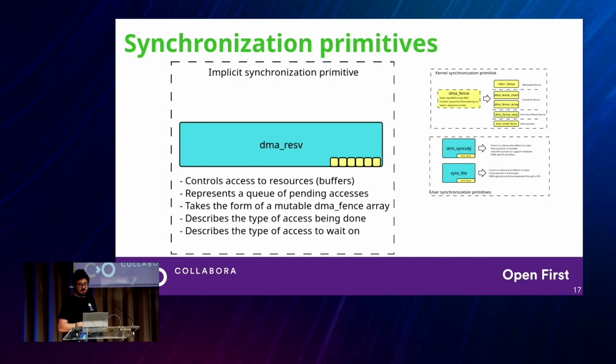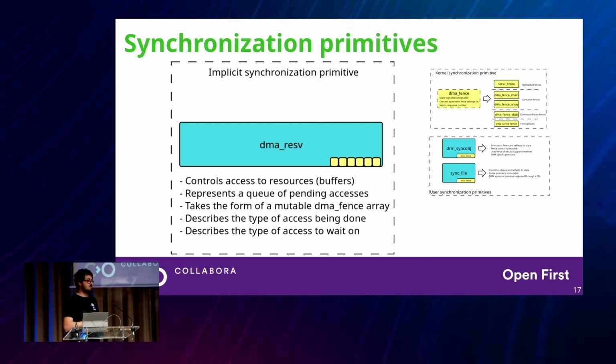And the last one that I want to talk about is the one that we use for implicit synchronization. Remember when I said that in GL everything is opaque and you don't get to control where a buffer is in memory? That's pretty much the same thing for synchronization. So in GL, you don't get to know when a job accesses a specific buffer object.